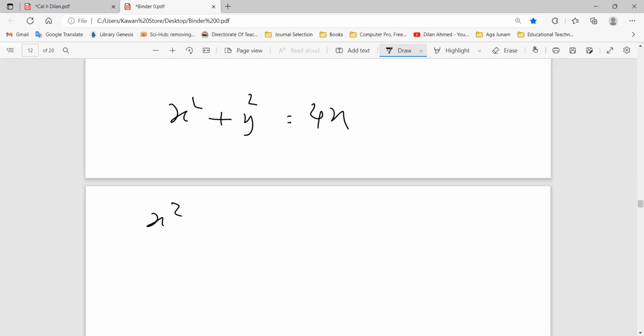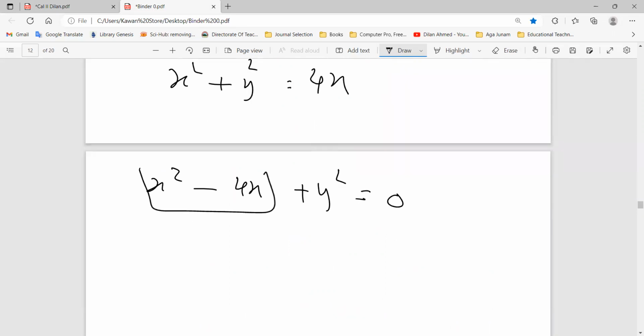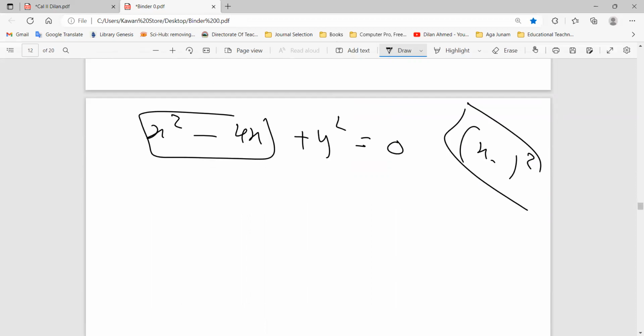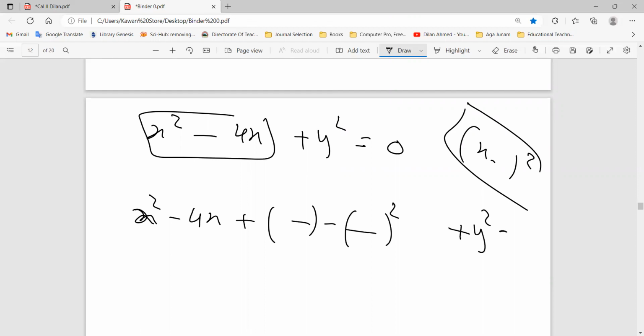So what do I do? We make that one to be something x minus something squared. We call that completing the square. So x squared minus 4x, minus 2 squared. You remember that one? Completing the square.